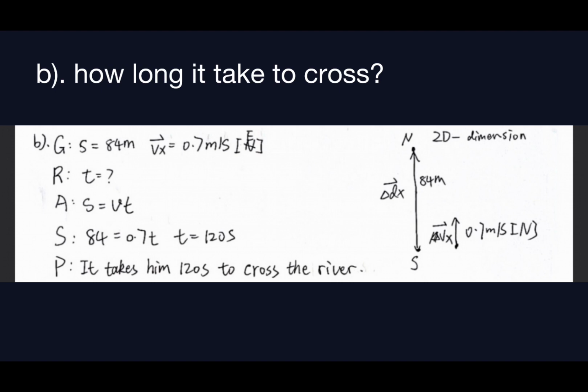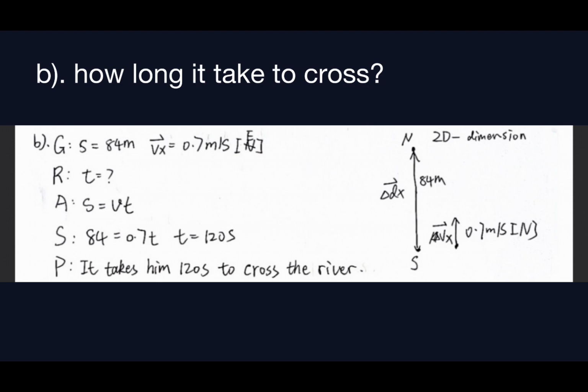The formula we need here is displacement equals velocity times time. Applying the values, 84 equals 0.7 t, so with a calculator t equals 120 seconds. So the final answer is it takes him 120 seconds to cross the river.